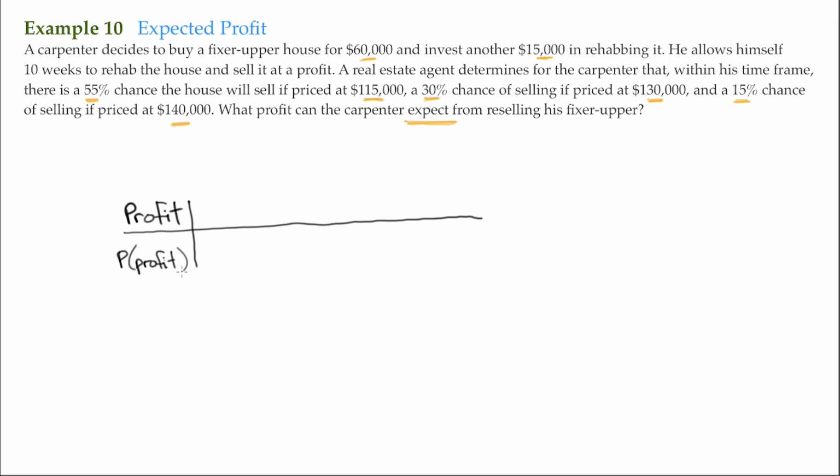So as you can see, 55% chance the house will sell at $115,000. I'm going to put $115,000 here. And he's got a 55% chance of it selling within that time frame at this amount. 30% chance if he prices it at $130,000.